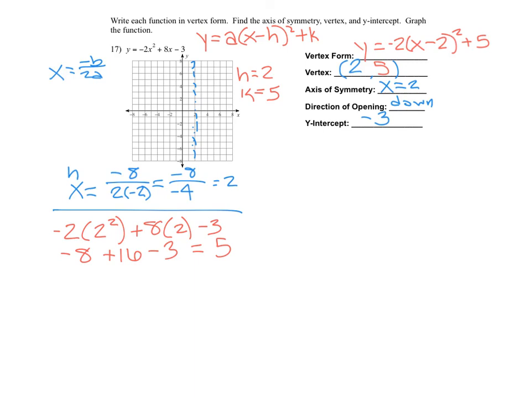All right, so now let's plot our vertex. So we have (2, 5). We have a y-intercept of -3. All right, we can find the reflected point over here at (4, -3). And we're going to just draw our parabola in. And we see that it's opening down, so that's a good sign. And there's all the information that we need.